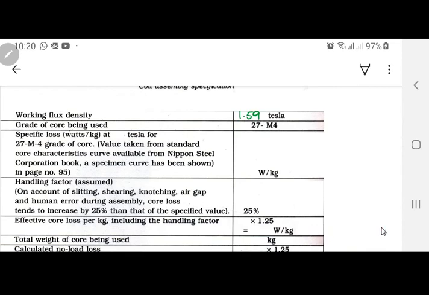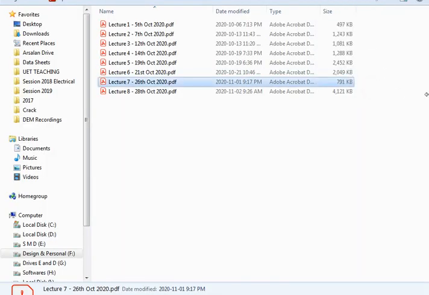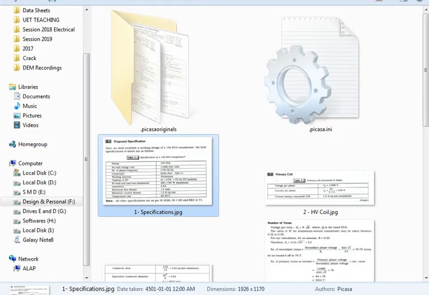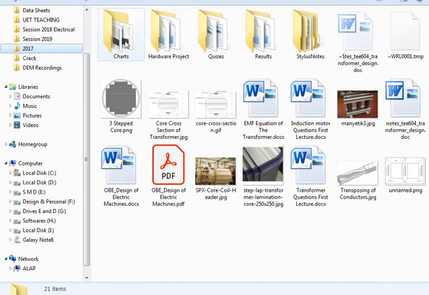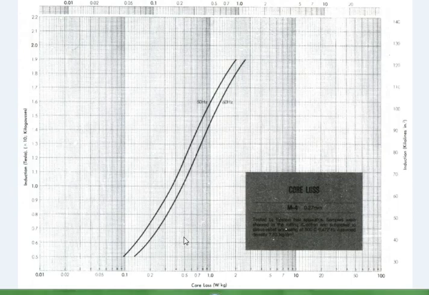With 1.59 over there, you need some charts or data. So for that, you will have to go to these charts. Now see this very carefully.